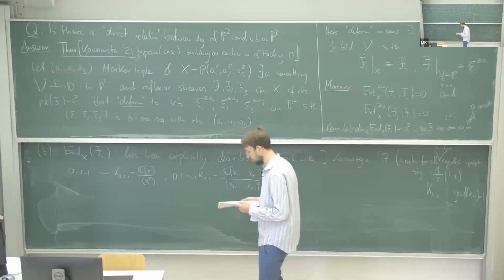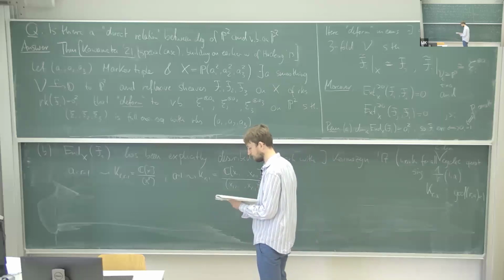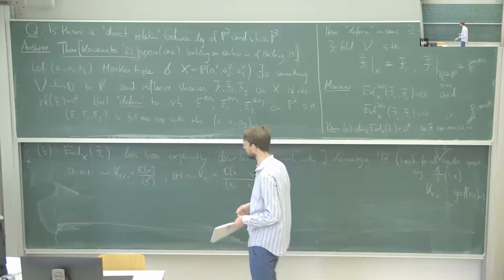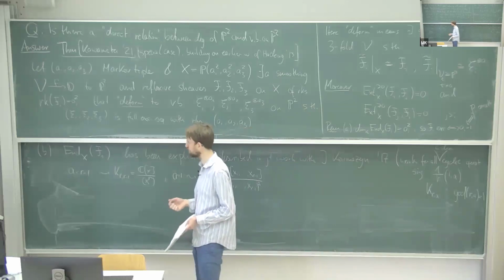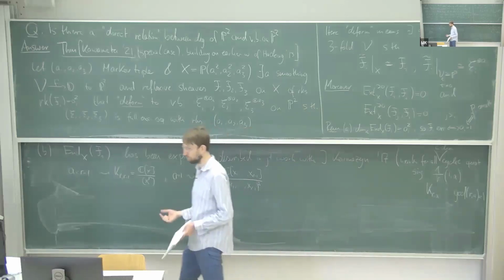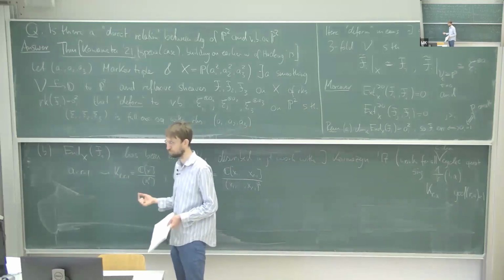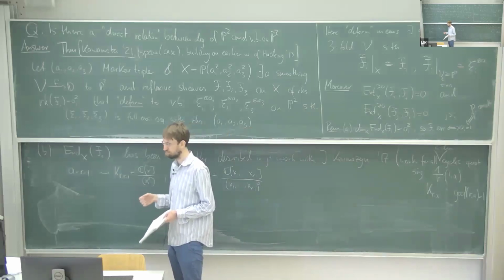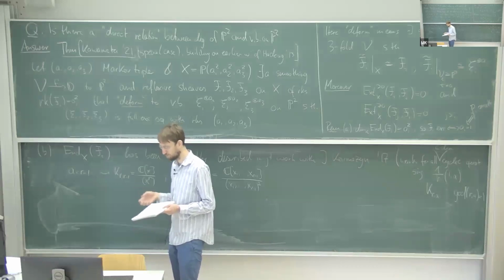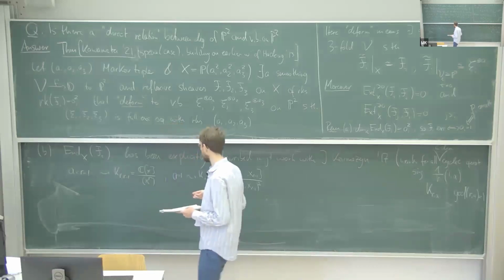If you are interested, you can look in the paper and see how this description looks. It's very close to the description of the commutative coordinate ring of the corresponding surface singularity, but then you take a non-commutative deformation of that.